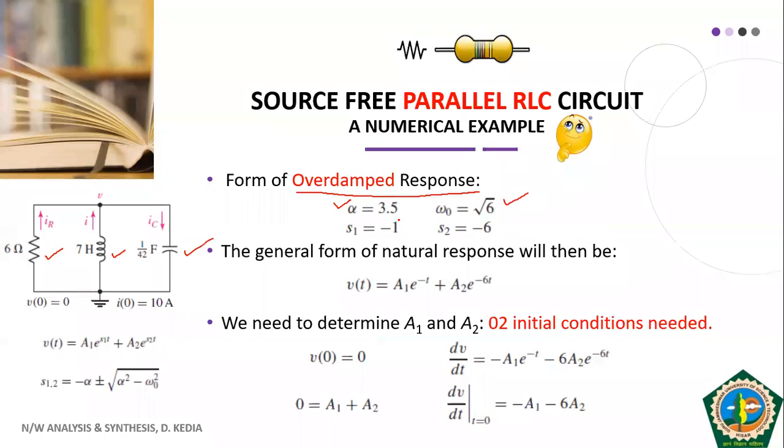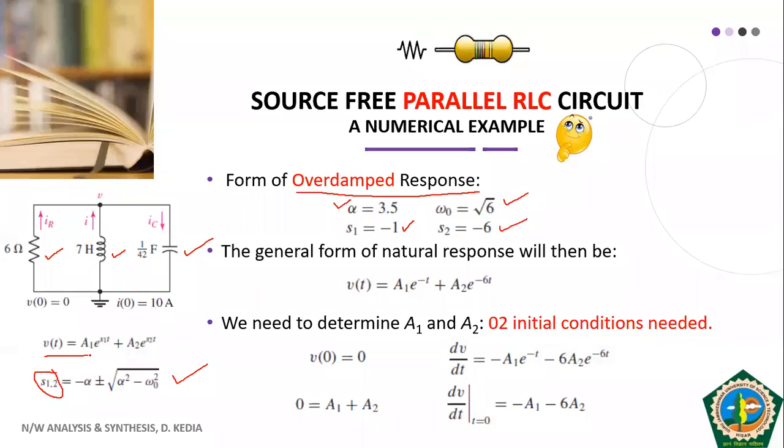By using the values of alpha and omega naught in this equation, you will be able to find the two roots, S1 and S2. The value of S1 will come out to be -1 and S2 will come out to be -6. I request all the students to solve for S1 and S2 by putting the values in the equation and cross verify whether this is correct or not.